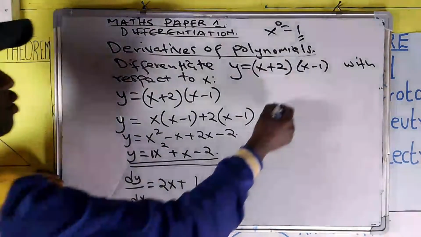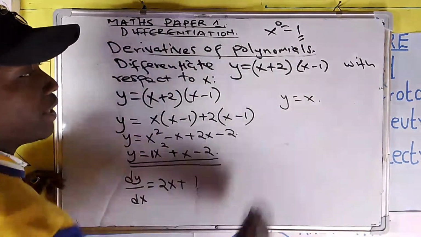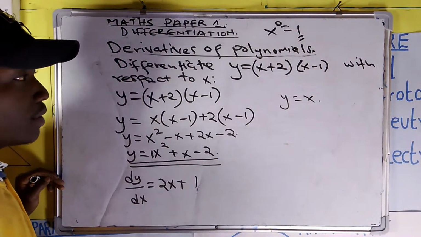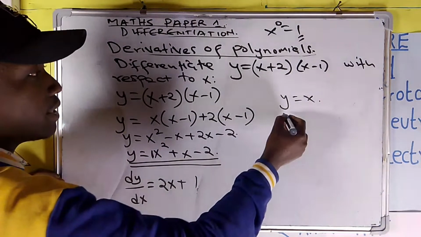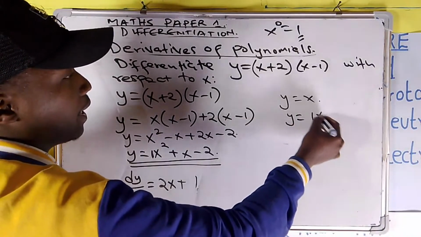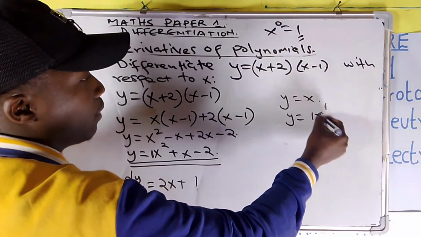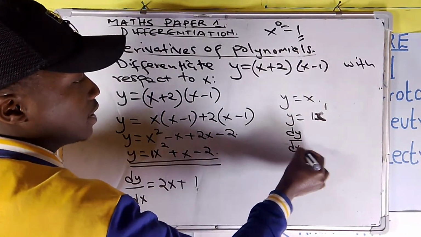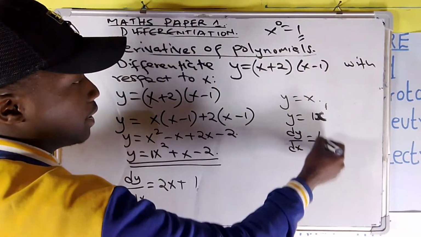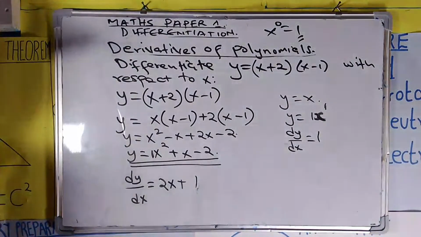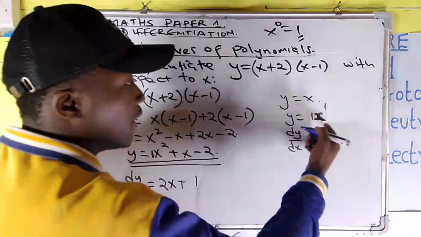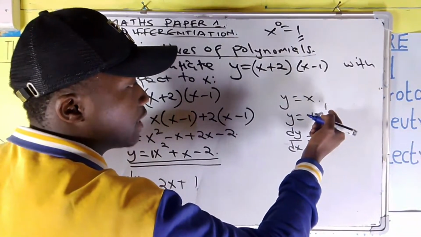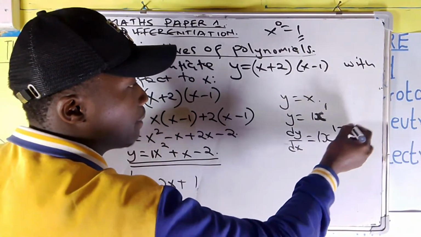How, you may ask yourself? Let us say we have y is x. This is the same as y equals 1x to power 1. So dy over dx will be equal to 1 times 1, which is 1. Then the power of x reduces by 1, so it will be 1 minus 1.